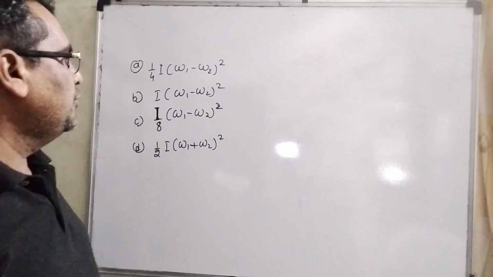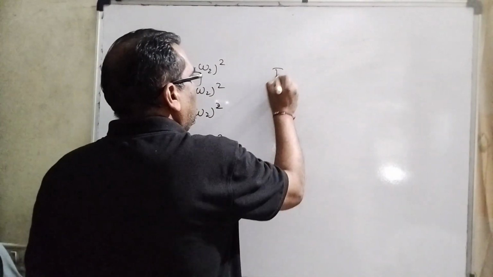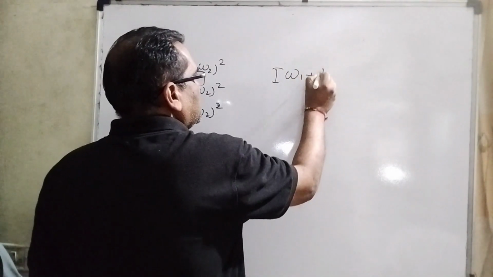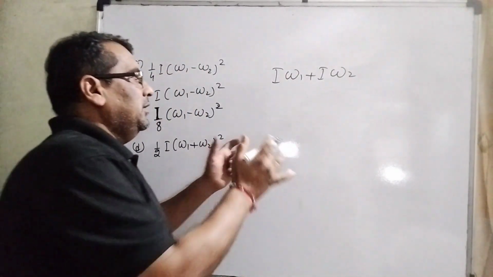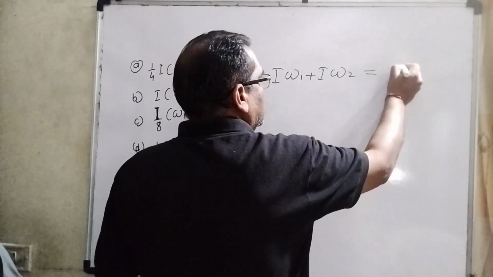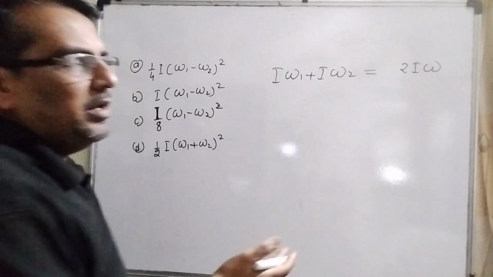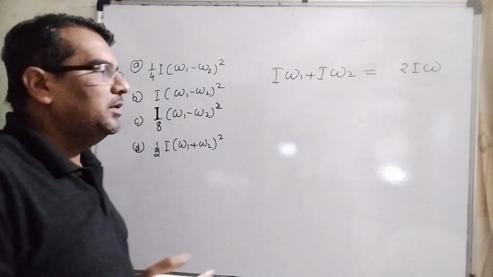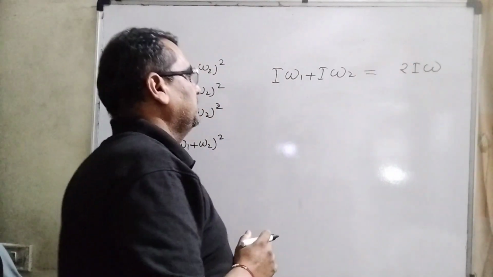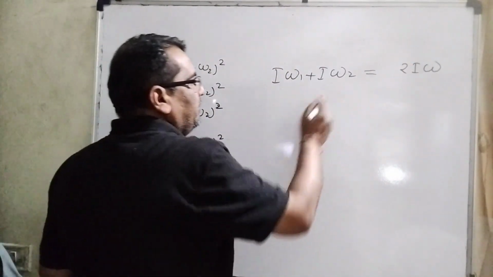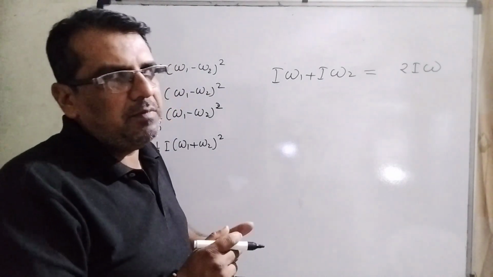First, we have to use the law of conservation of angular momentum: I omega 1 plus I omega 2, and then they are combined together. It means 2I omega, because when they are combined together, they rotate with the same angular velocity.